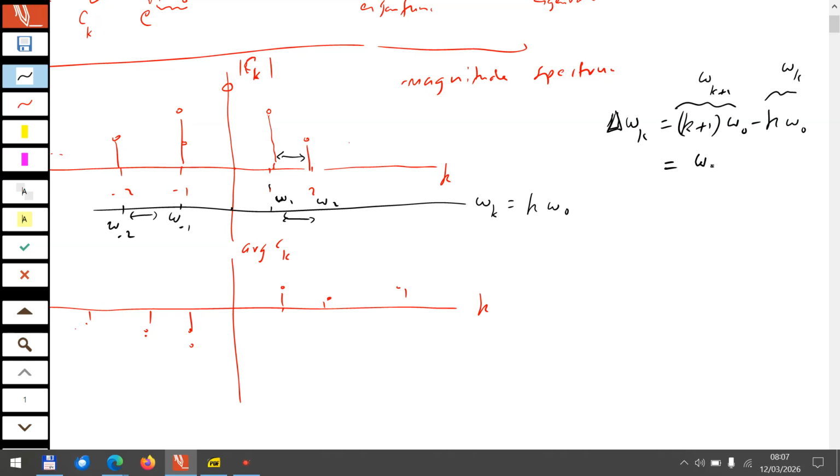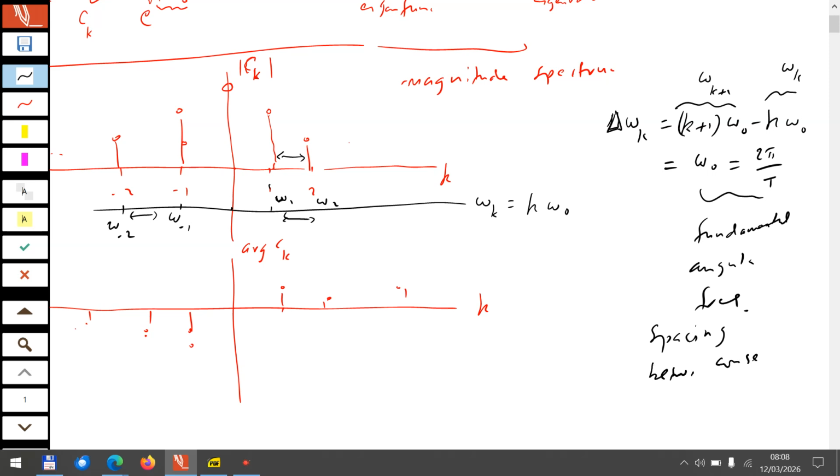ω₀, just ω₀. And we also know that ω₀ is 2π by T. So now we have found a new meaning for ω₀. It is not only the fundamental angular frequency, it is also the spacing between consecutive frequencies.